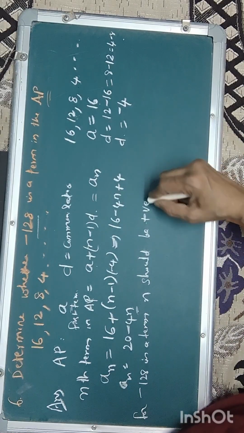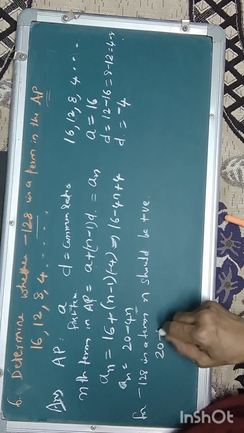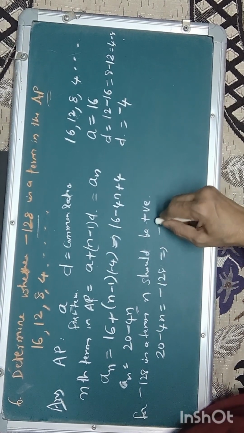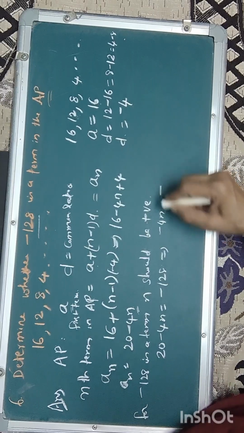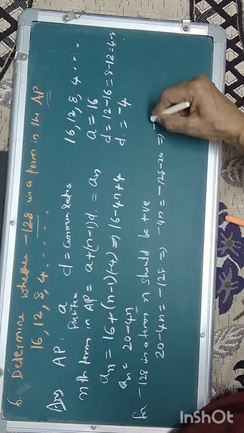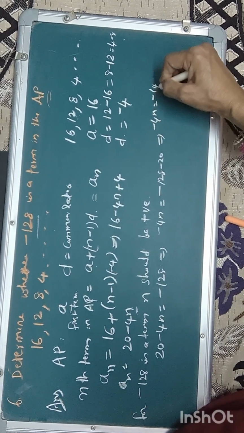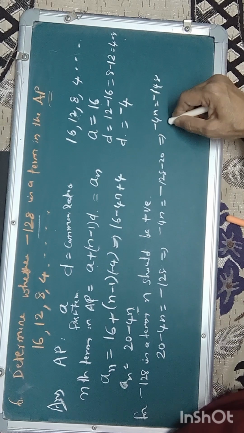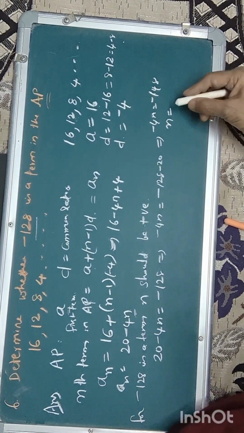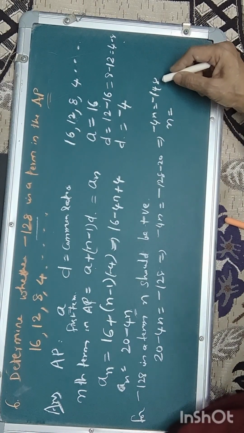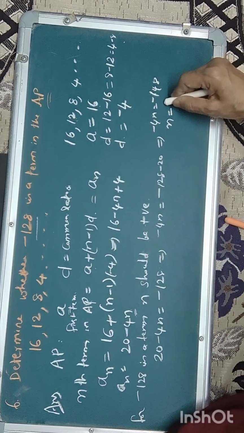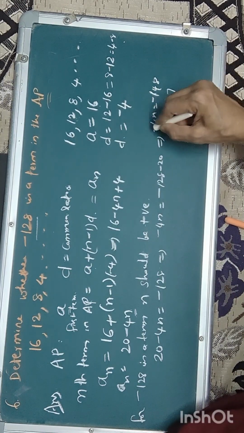So 20 minus 4n is equal to minus 128. Simplifying we get minus 4n is equal to minus 128 minus 20. So that implies minus 4n is equal to minus 148 and n is equal to 37.